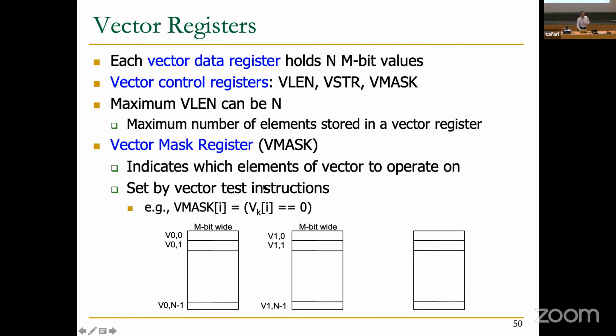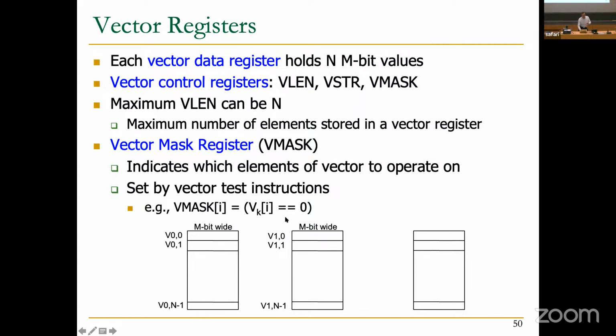The vector mask register, vmask, indicates which elements of a vector to operate on. And this is set by vector test instructions. This is very similar to compare instructions in scalar ISAs. For example, here we set every element of the vector mask by comparing every element of a vector register k to 0. Now, what is the result of this operation?